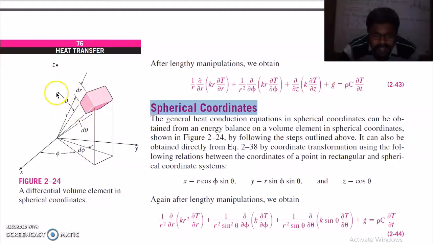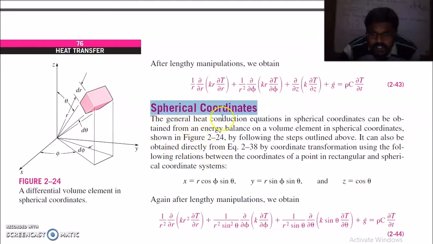This angle is theta, which is measured from the z axis, where phi is the angle of the projection of this element in the xy plane, and this projection makes an angle phi with the x axis. R is the radius and dr is the element length in the radial direction.